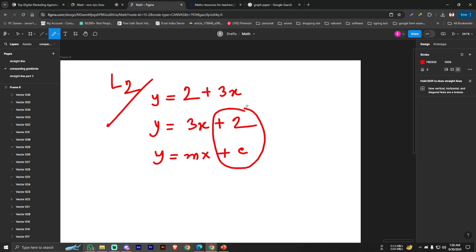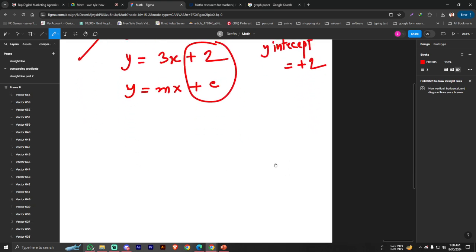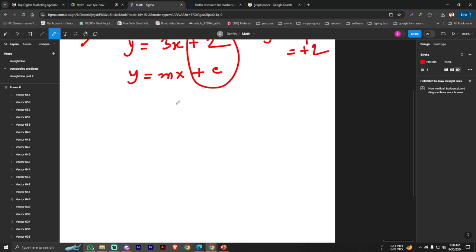Of course, be careful, the y-intercept is plus 2, right? So if you compare this here, what does it mean?